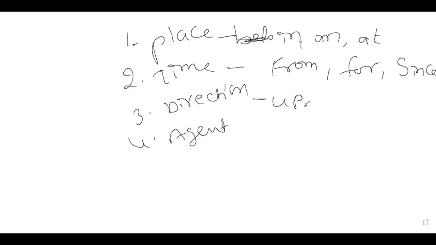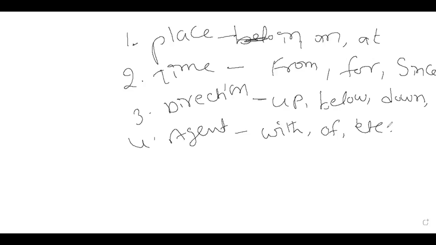Likewise, direction. The prepositions also refer to direction like up, below, down, etc. And agent. The agent kind of prepositions are a tool, with, of, etc. They are called agent prepositions, which cause an action to occur.